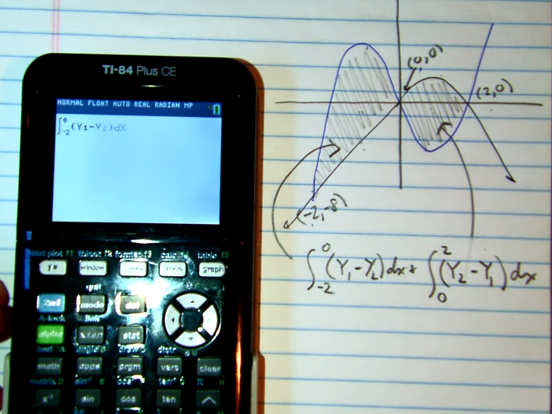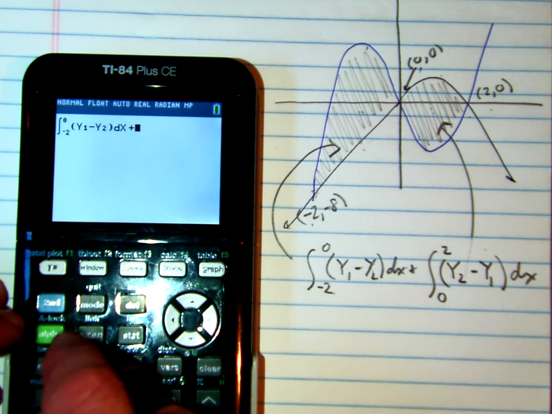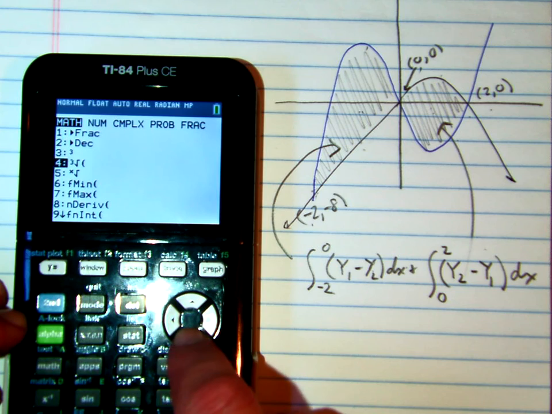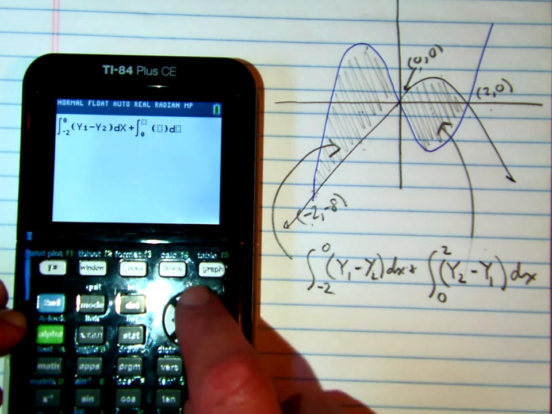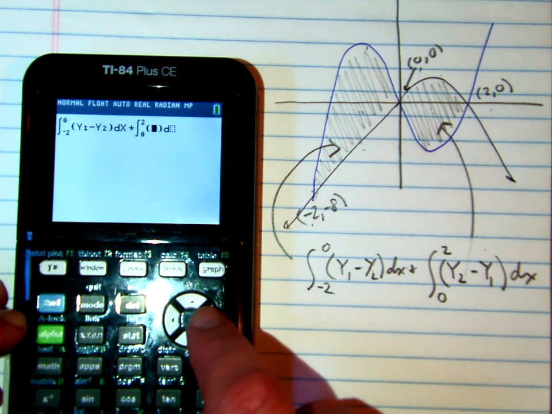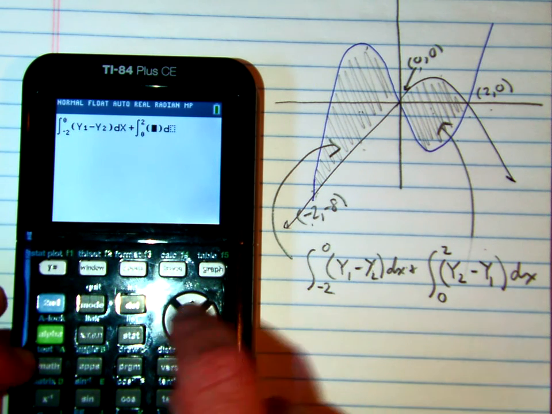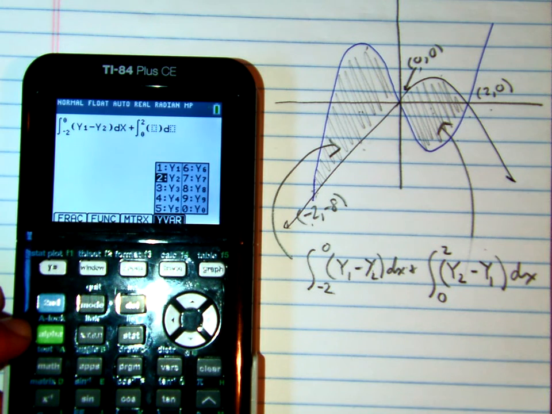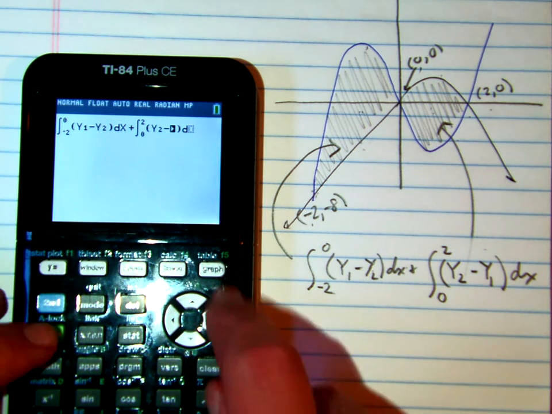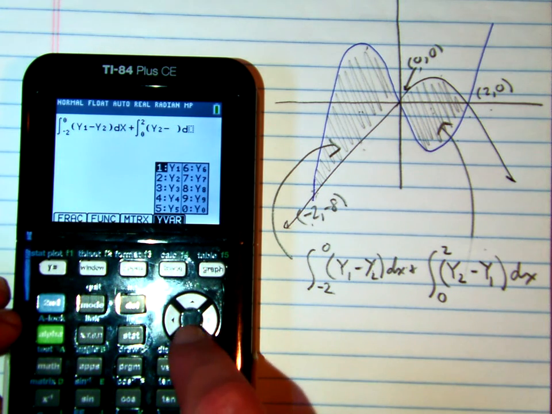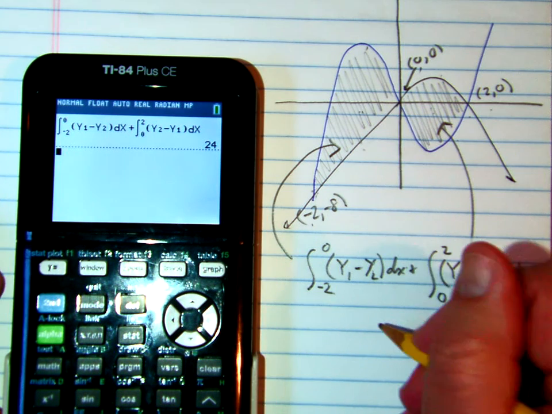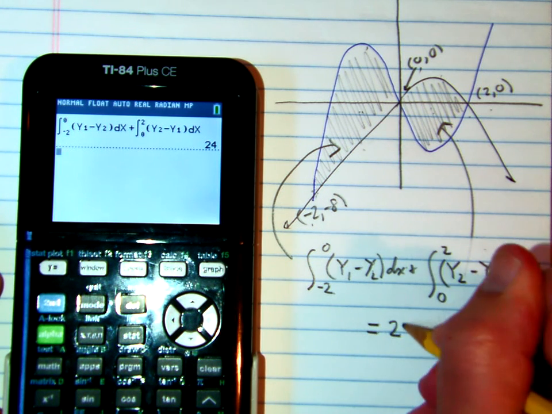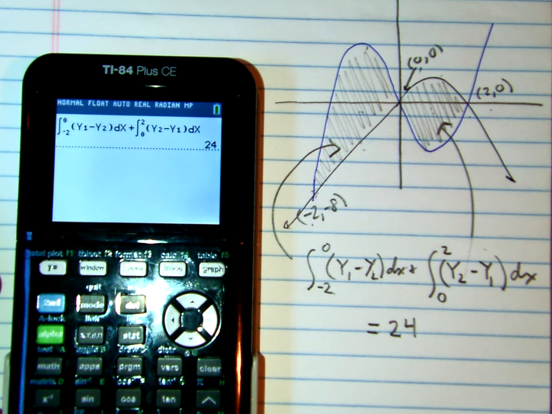And then that gets added to our second integral, which goes from 0 to 2. And that one is y2 minus y1. Also with respect to x. And we get an area of 24 for that.